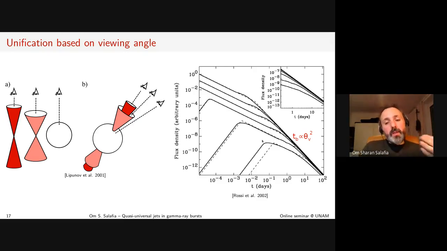Probably in the future, if we will be able to have gravitational wave triggers for some of these GRBs, we could be able to see them as orphan afterglows without a gamma ray burst trigger, but with a gravitational wave trigger.